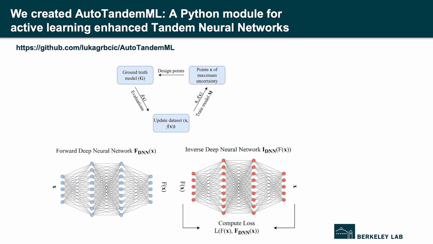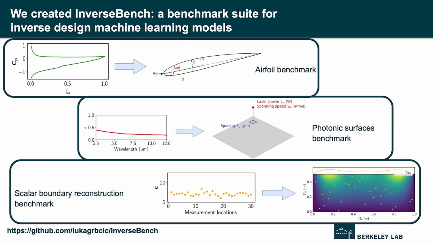Okay, we also created this benchmark suite for inverse design problems, or like benchmarking inverse solutions for machine learning models. It's called Inverse Bench. It consists of 3 different black box inverse design problems. One is the inverse design of an airfoil, which is a classical inverse design problem.